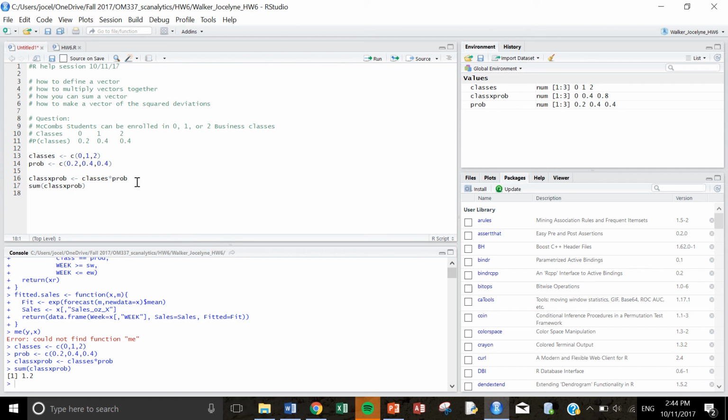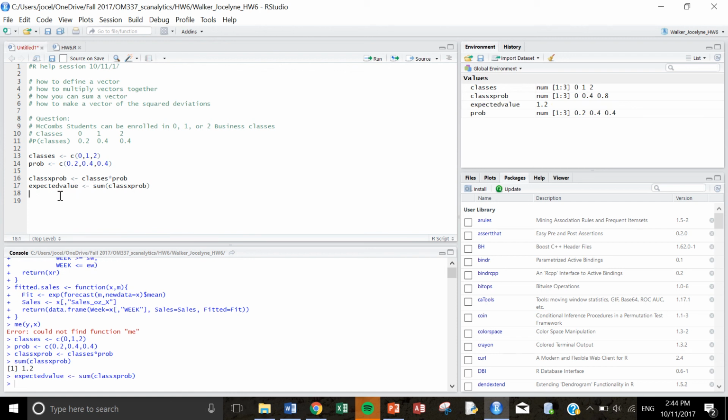So the other thing we want to go over is how to make a vector of the squared deviations to find the standard deviation. So we have our mean, our expected value. I'm going to call that expected value. And we have our classes, and we have our probabilities. So to make a vector of the squared deviations, I'm going to call it squared deviations.